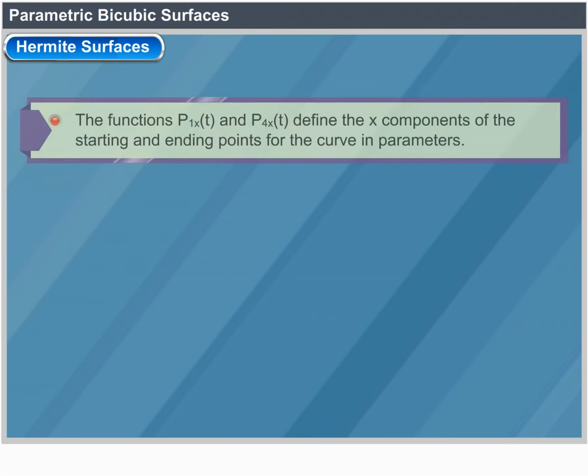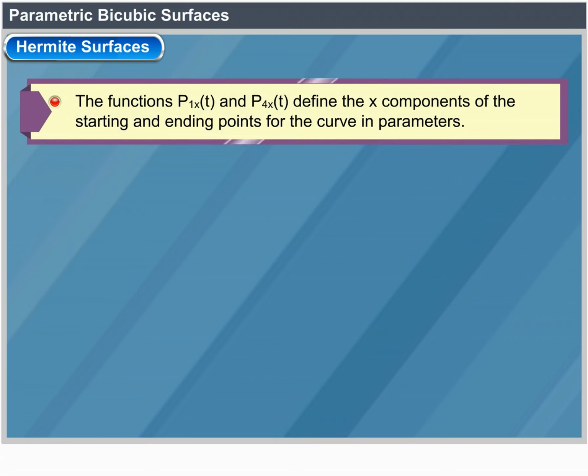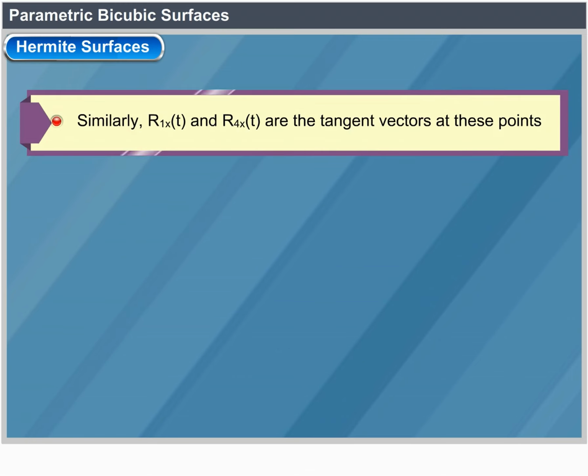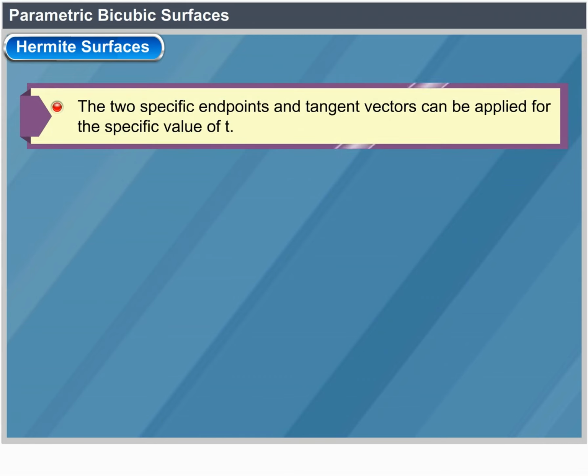the functions P1x(t) and P4x(t) define the x components of the starting and the ending points for the curve in parameter s. Similarly, R1x(t) and R4x(t) are the tangent vectors at these points. For any specific value of t, there are 2 specific endpoints and tangent vectors.